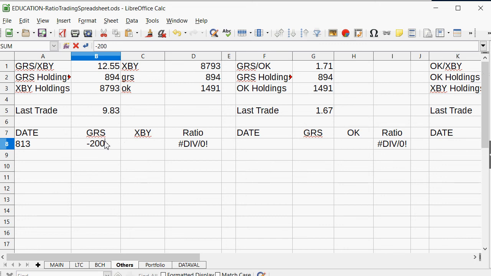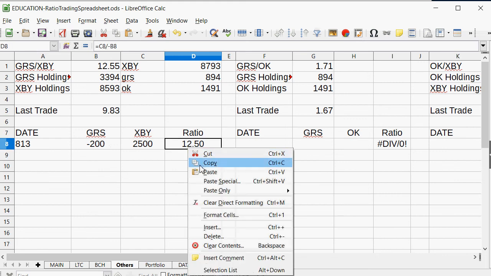So let's just go 200 equals this. We'll multiply it by this in here, which means that we will accumulate 2,500 of these things. The ratio is on the wrong side, so this divided by negative that, which we'll put in at 12.5.